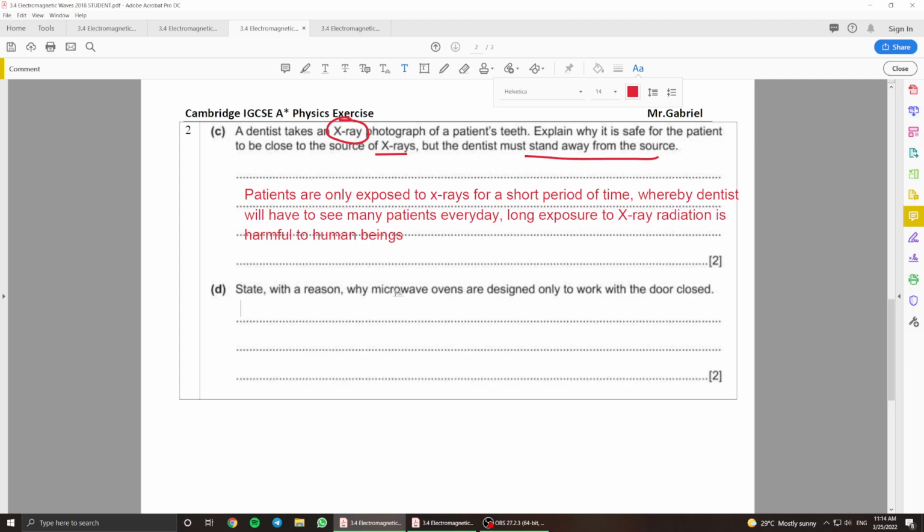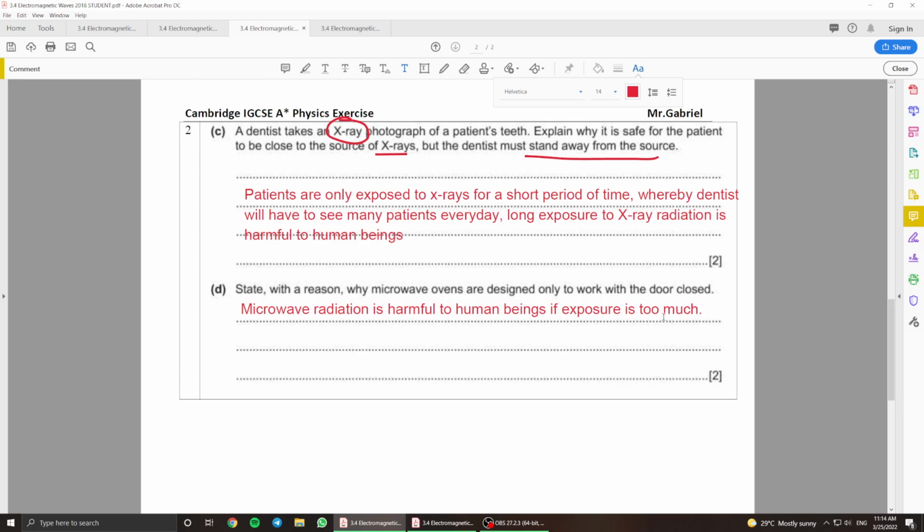You can say something like, microwave radiation is harmful to human beings if exposure is too much.